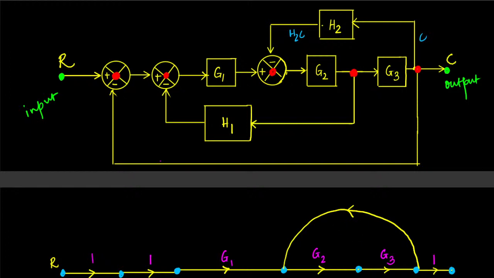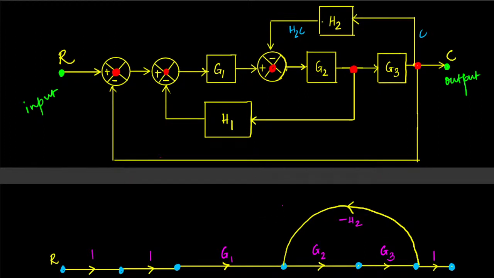So let's write it this way. The gain is minus H2. So the signal that is coming out of this gets multiplied with minus H2 and gets added up here.